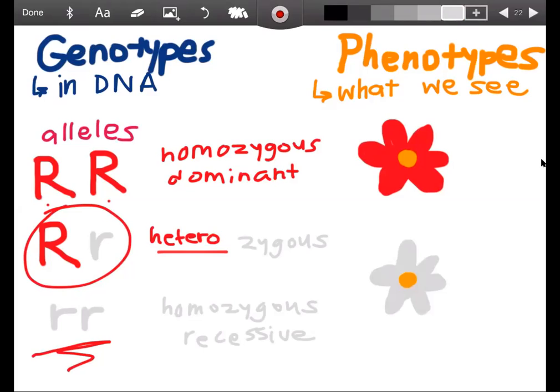Whereas with the homozygous recessive gene, now there's no dominant gene that can possibly be expressed. So the resulting phenotype, what we would see in a flower that has two homozygous recessive alleles for color, is going to be a white flower. So that's essentially the difference between genotypes and phenotypes.